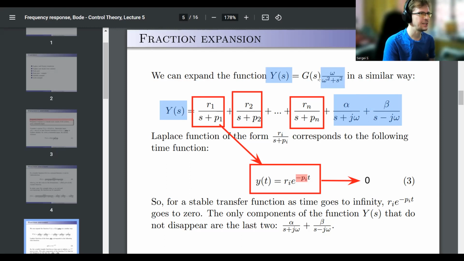But the next steps would be, if we try to do it rigorously, to identify what alpha and beta are. This comes from fractional expansion. So we need to identify what they are in terms of everything else. That's the first step. Next step, convert it into time domain, which will be quite easy. We know how those things behave in time domain.